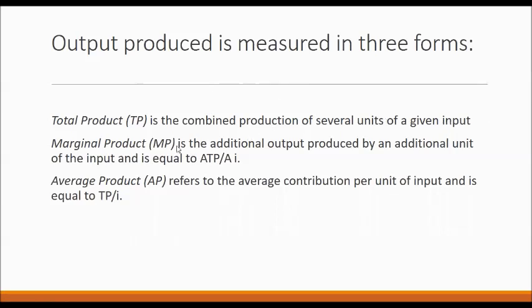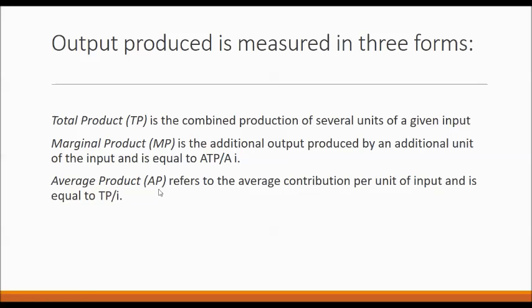And we also have the marginal product, the additional output produced by an additional unit of input, which is equal to the change in the total product divided by the change in the total input.